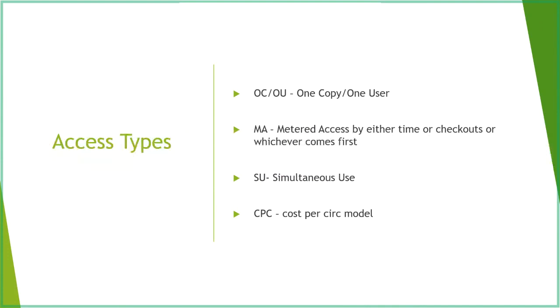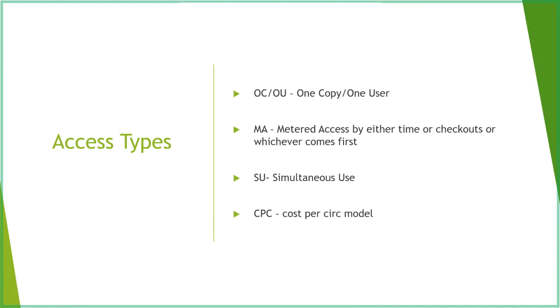So we're going to talk about access types. Here are the main ones. One copy, one user is basically like a library book. Those are the best kind to have because we have them forever, unless hypothetically the publisher says, oh no, we don't want to give that to you anymore, which sometimes happens. But one copy, one user is ours.